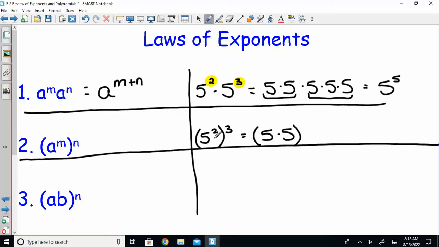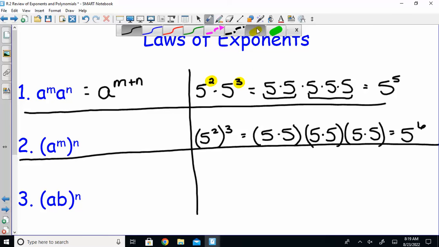Yeah, it's saying we have whatever's on the inside, 3 times, right? So I have a 5 times 5, 3 times. So altogether, how many 5s did we get? 6. So the rule, we're trying to figure out, what do we do with those exponents?